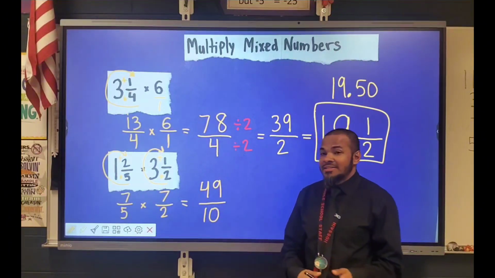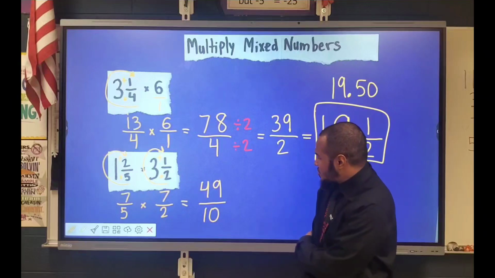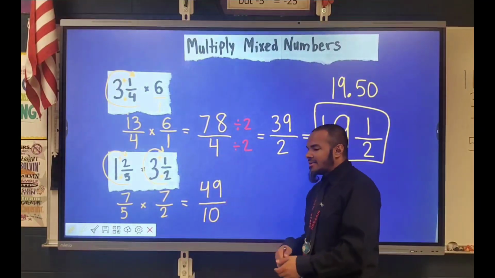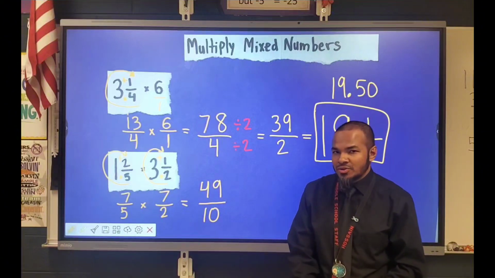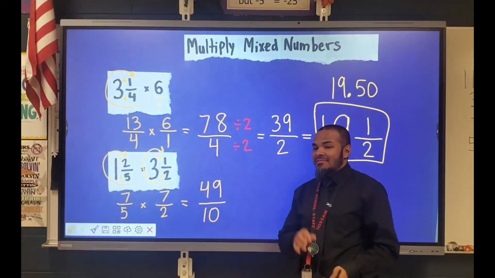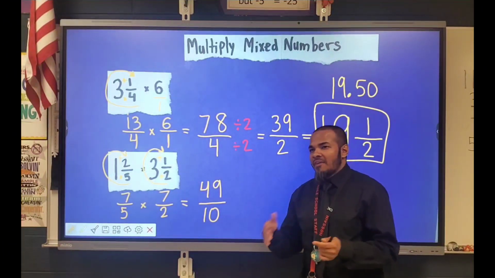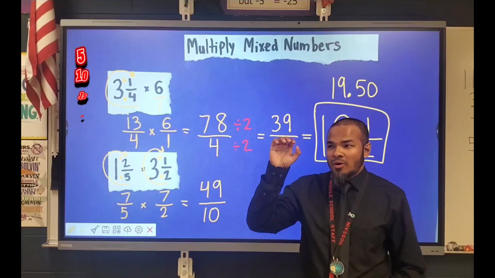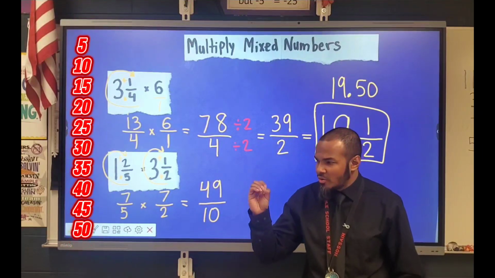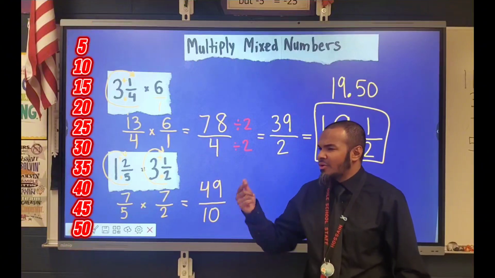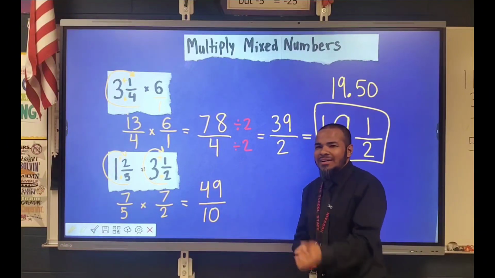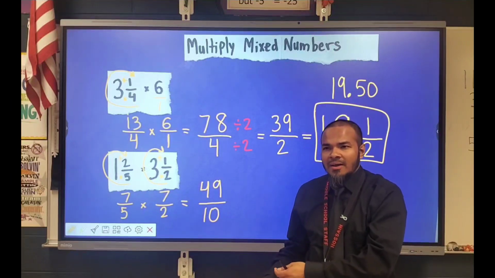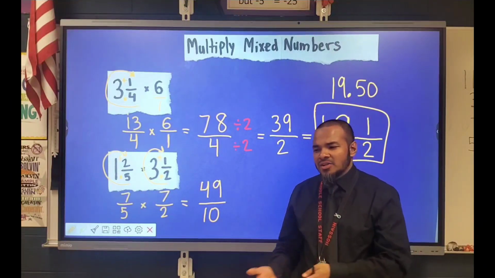Then you're going to try to simplify it, right? It ends in a 0, so that means it's an even number. That is an odd number. So you definitely can't divide it by 2. But I could take the 10 and divide it by 5. But if I count by 5s, I know that anytime I count by 5s, it ends in a 0 or a 5. And that ends in a 9, so that doesn't work. And there's nothing else I can divide that 10 with besides the 5 and the 2.